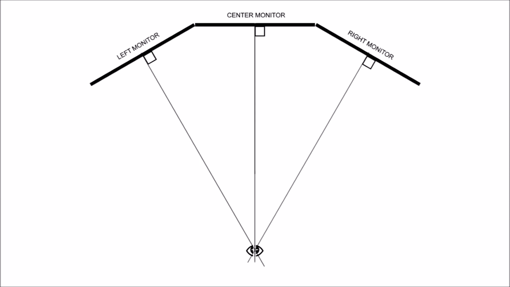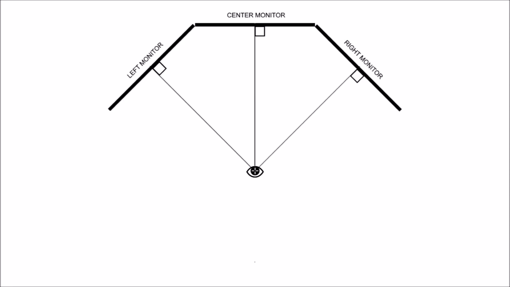Since each monitor has a 30-degree field of view, rotated left, right, and center, it gives us a total field of view of 90 degrees, but without the distortion associated with a surround system, where the image is just stretched.